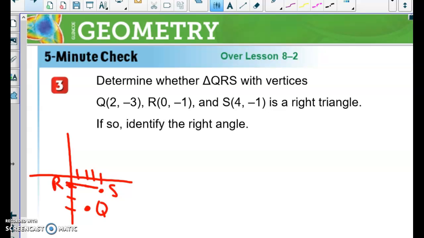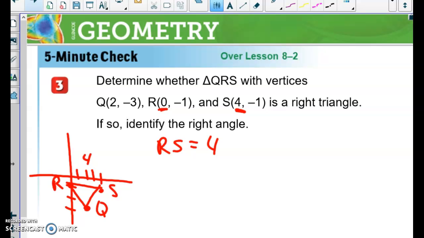And so I know this length is 4. If I use the distance formula here, I need to have the 3 lengths. Well, the length of RS is 4, because from 0 to 4, it's a horizontal line. I can just count that.